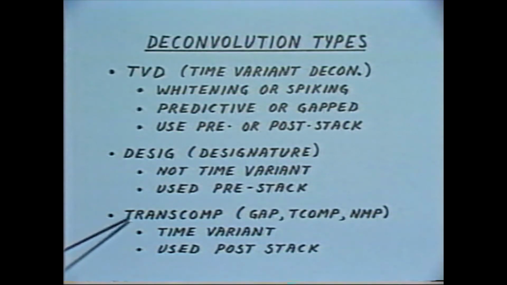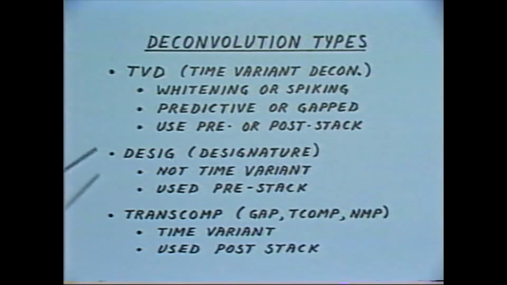And then transcomp, transmission compensation deconvolution, is a time-variant deconvolution process which does try to detect the remaining time variance of the reflection wavelet and do some further shortening of the wavelets, particularly on the deeper reflections.